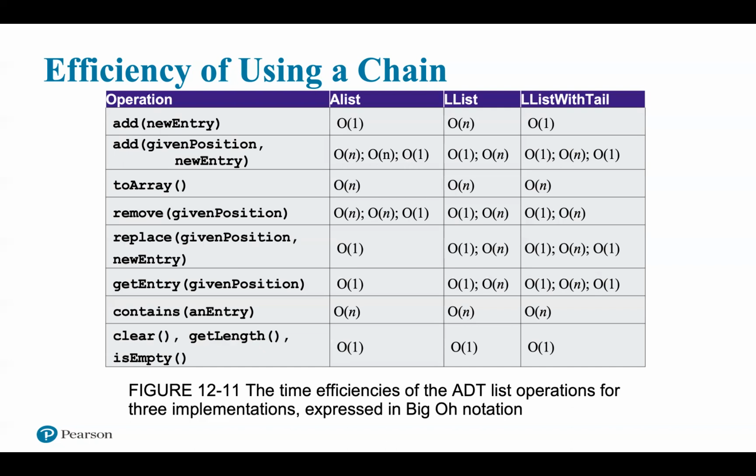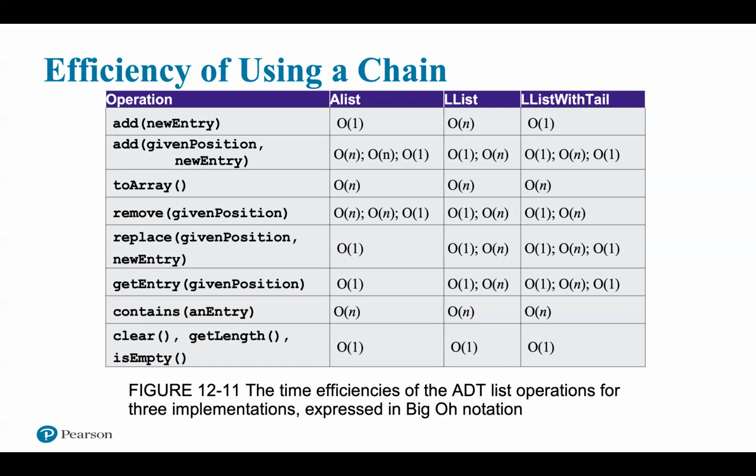For adding to a list at a given position, the add method, as given in 12.11 for the class LList, can add an entry to the beginning of the list in big O of 1 time. Adding to a list at other positions depends on the position. As the position number increases, the time needed for an addition increases. In other words, adding is big O of n when the addition is beyond the beginning of the list, because add calls getNodeAt in such cases, and getNodeAt is big O of n.